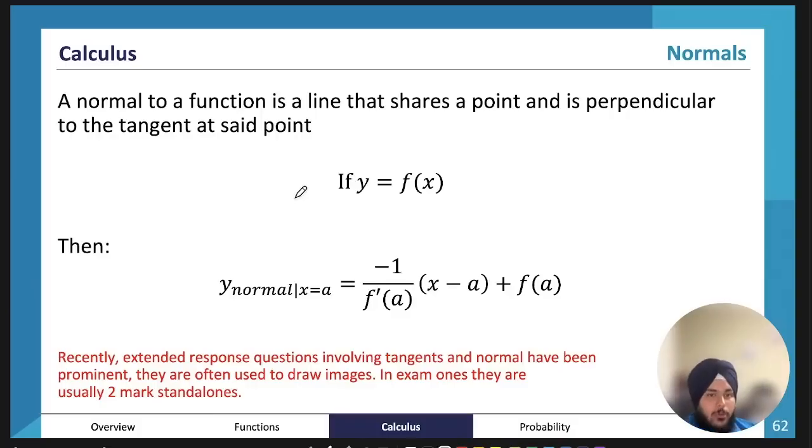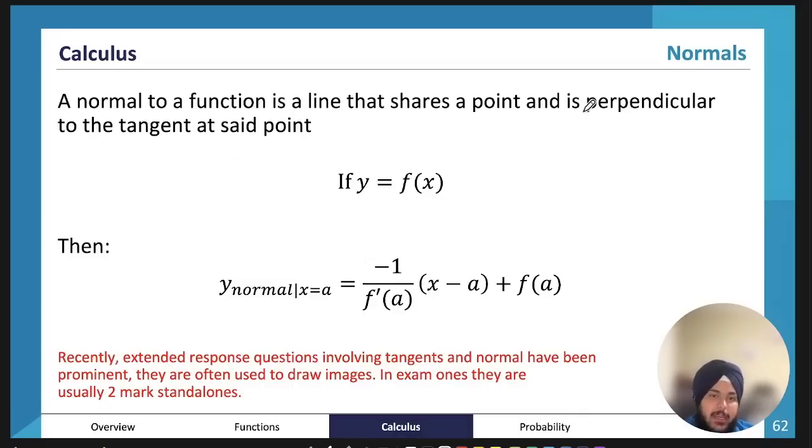Okay, so now we'll look at the normal. The normal is essentially where we share the same point, but it's now perpendicular to the tangent. So sort of like a tangent, but now it's perpendicular at that said point.